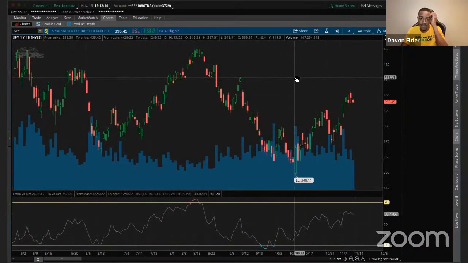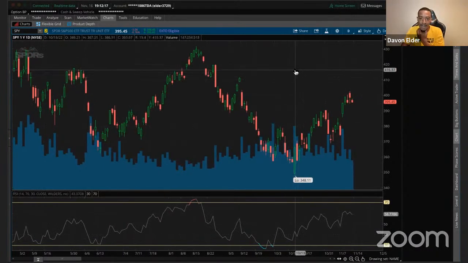Now, the first thing I want to look at is the volume that happened right here on October 13th. On October 13th, we hit that year-to-date low. The reason we came down so low was because we had that horrible CPI number. Inflation was high, everybody was selling off. At the same time, that 348.11 level coincides very closely with a 50% Fibonacci retracement level on a long-term time span, so that tells you that is a very key level.